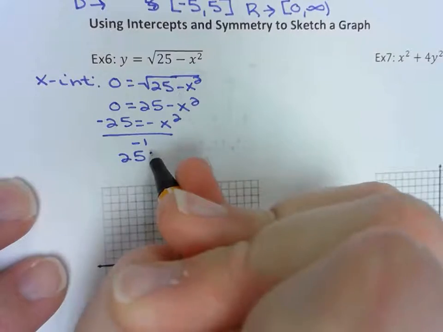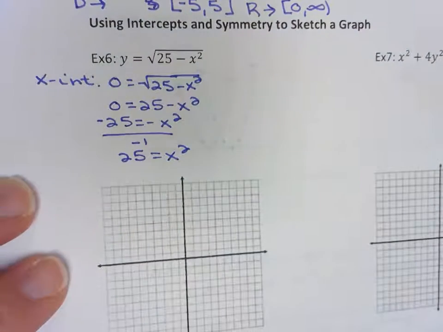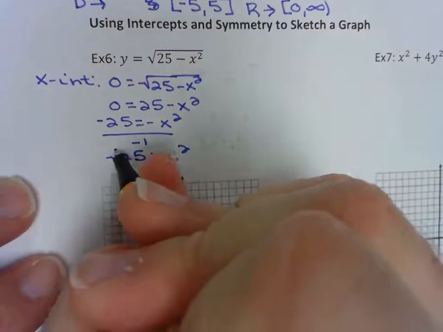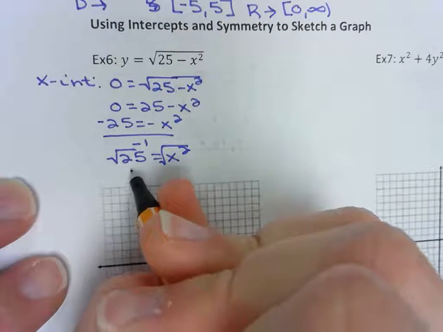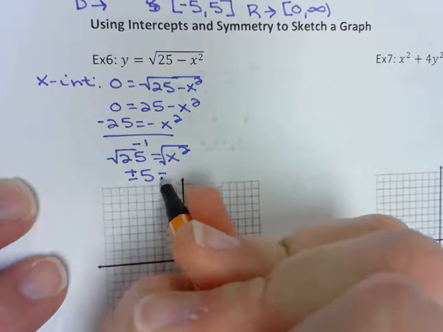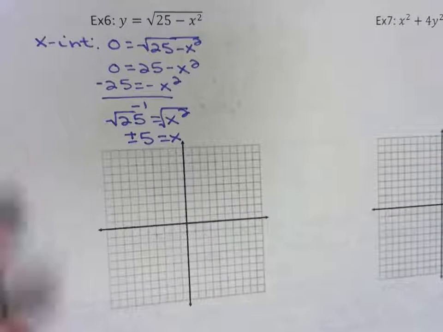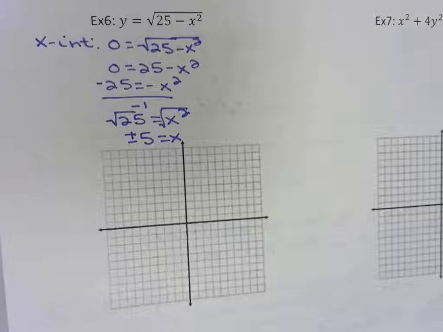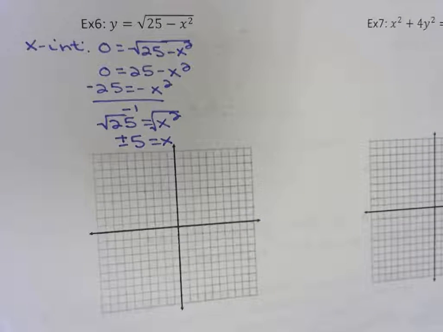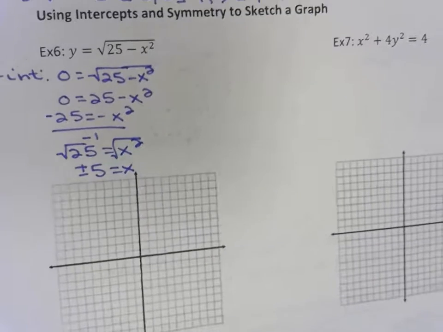So 25 equals x squared. Take the square root. So plus or minus 5 equals x. So my x-intercepts are negative 5 and positive 5. Okay? Questions?